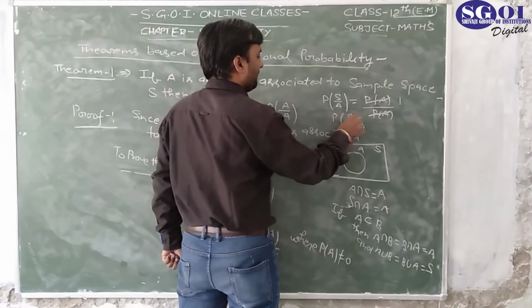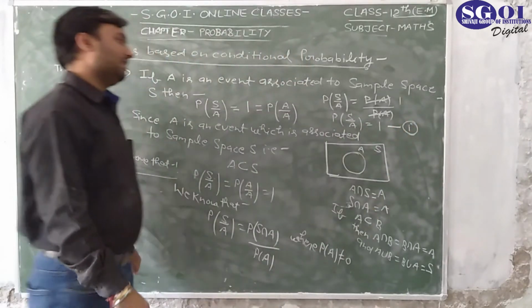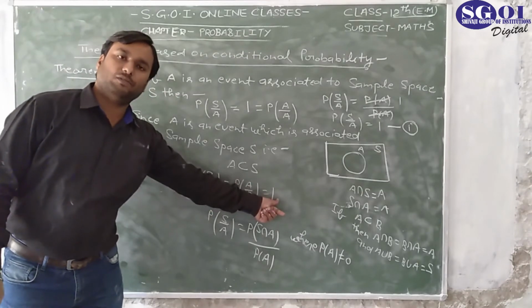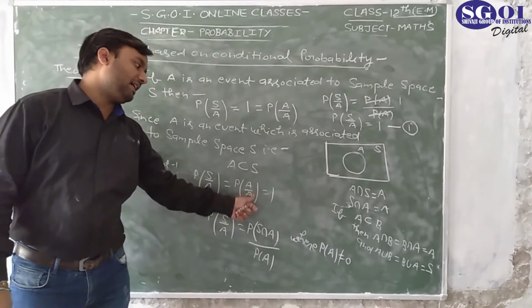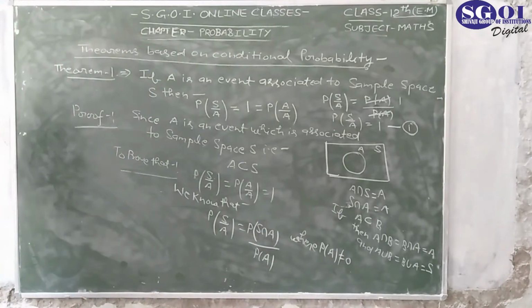So probability of S by A is equal to 1. Equation number first. We have proved probability of S by A is equal to 1. Now we will prove probability A by A is equal to 1. So this theorem is complete.